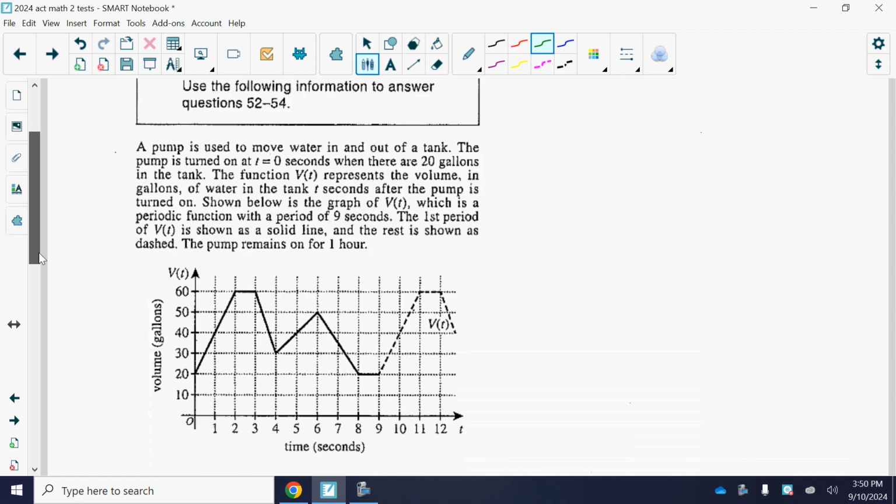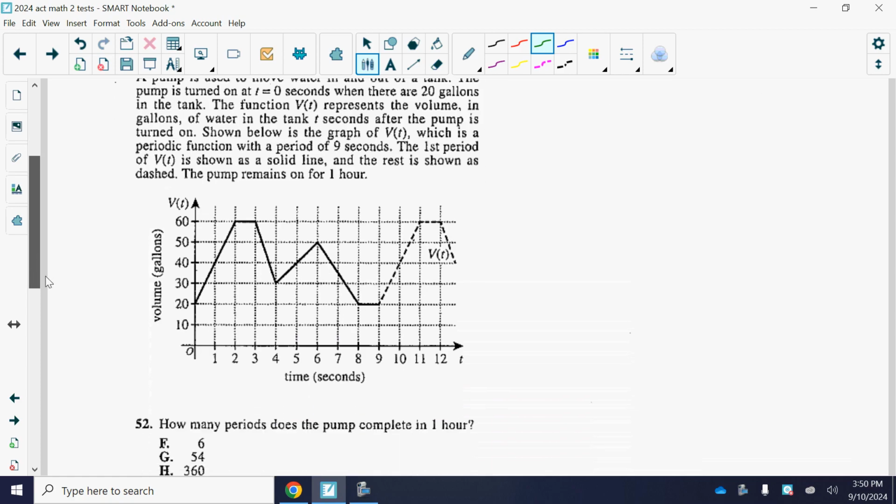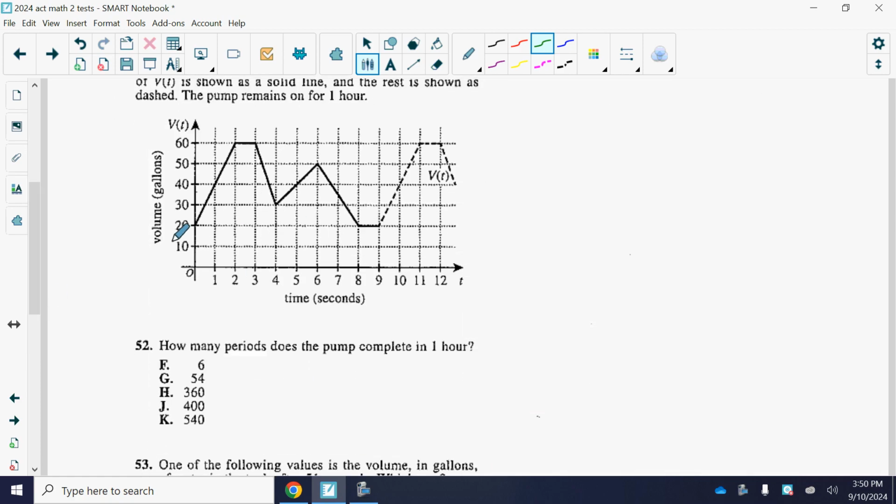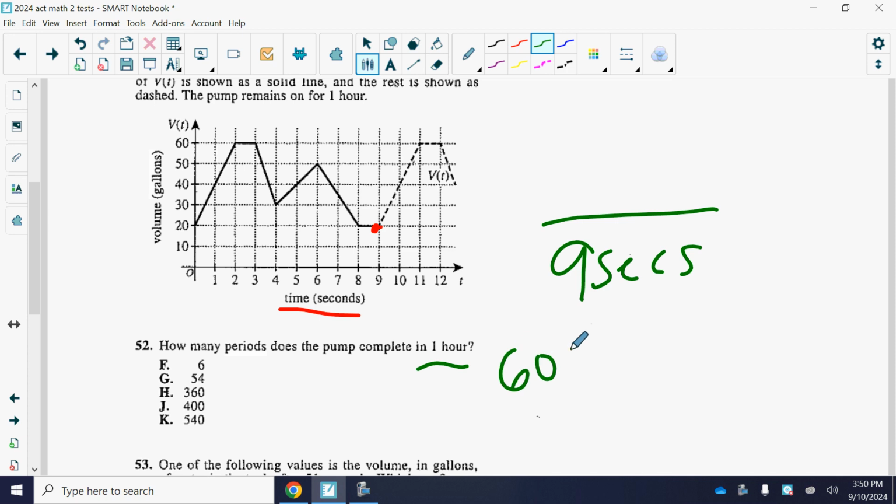All right, this is all periodic. Do you see what's going on? We're going la-di-da through this cycle, and then here is when we start it over again. So the period, the time is 9 seconds. So it's how many periods are in 60 minutes. So it's 60 minutes is an hour, huh?